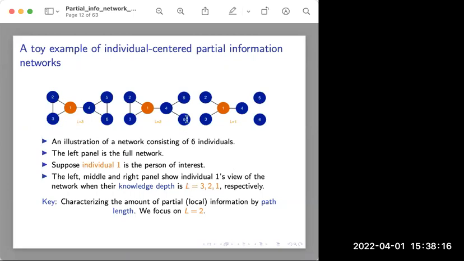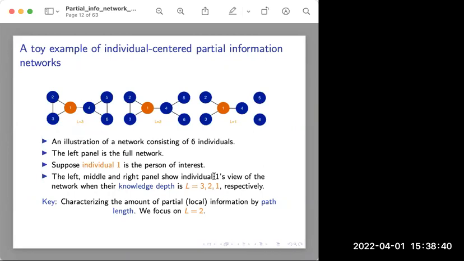Now this edge lies on the path of length 3. So under L equals 2, we're not going to observe this edge. When L is equal to 3, then we recover the full network. So given an individual as the center, we can characterize their partial or local network by knowledge depth, which is essentially the path length.